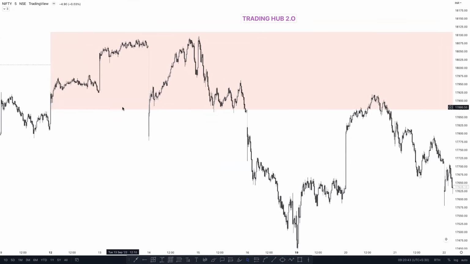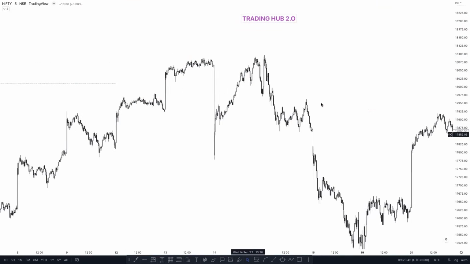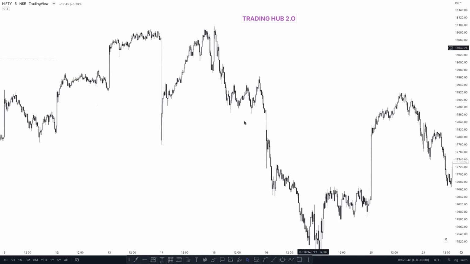So let me delete this one first. This was our high, which was taken out by this move. This is an inducement, and the higher high is here, so the high is confirmed. And our lowest point is here, right?